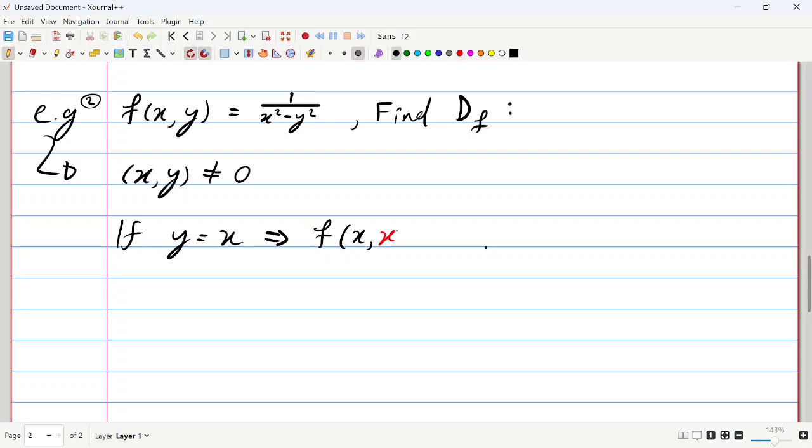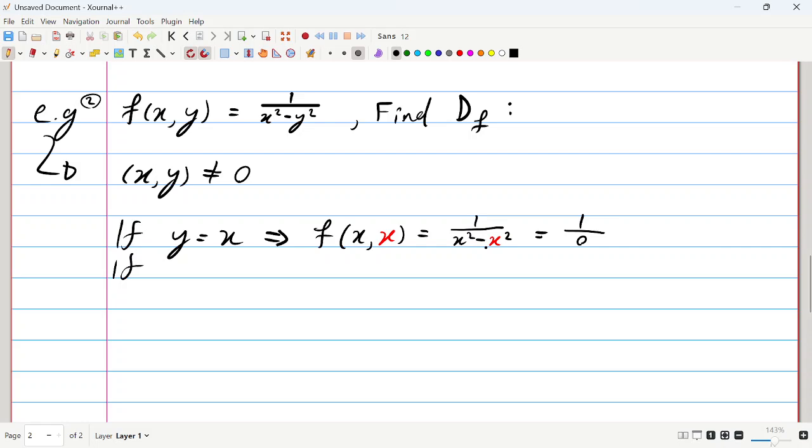And then this is going to be equal to 1 divided by x squared minus x squared, remembering that it's still squared because the y was also squared. And this will mean that the x squares cancel out, and we'll get 0. Notice that that's also how we can have an undefined denominator.